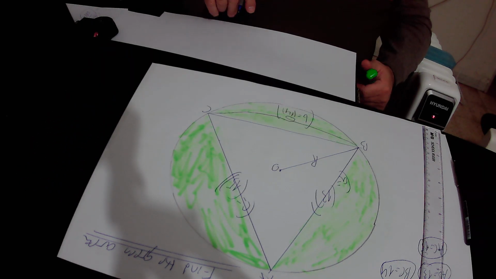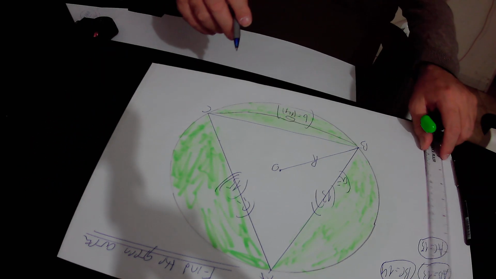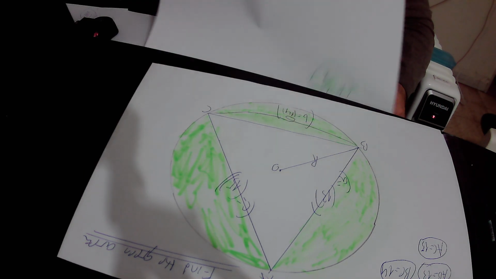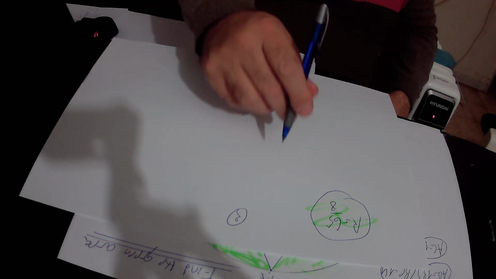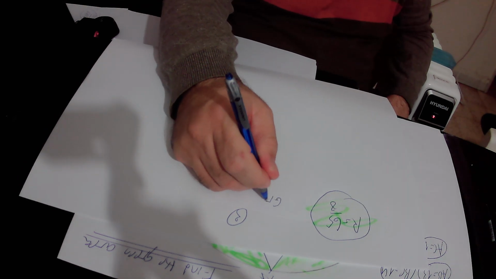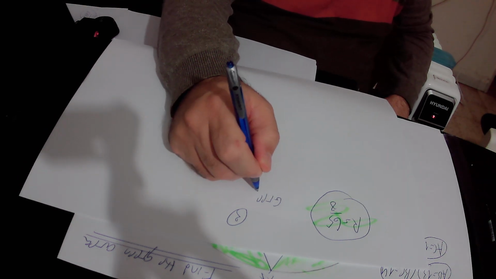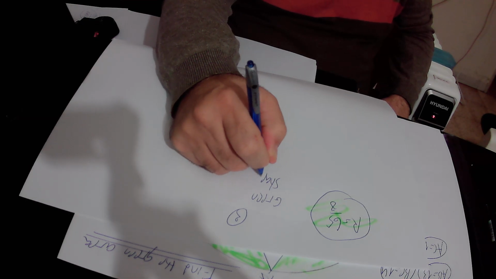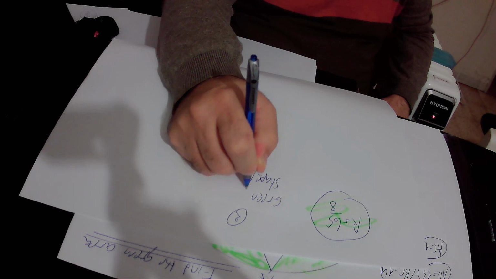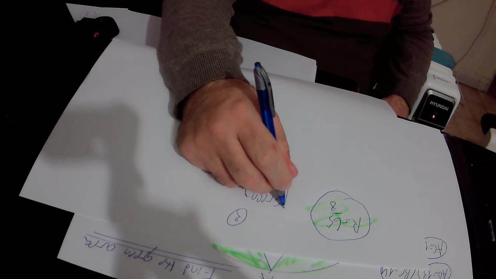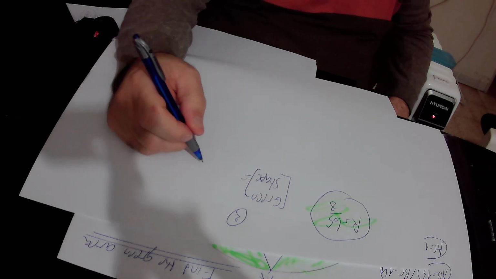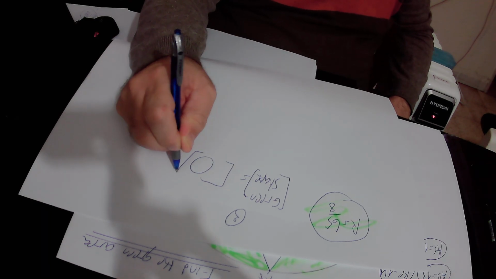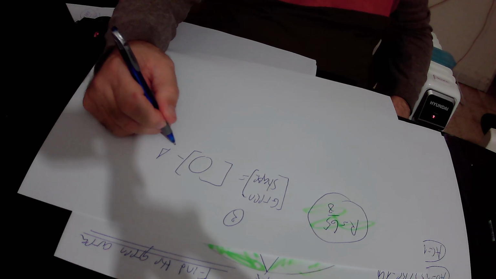I repeat again that the area of the green shape equals the area of the circle minus the area of triangle ABC. So I write it down. The area of the green shape equals the area of the circle minus the area of triangle ABC.